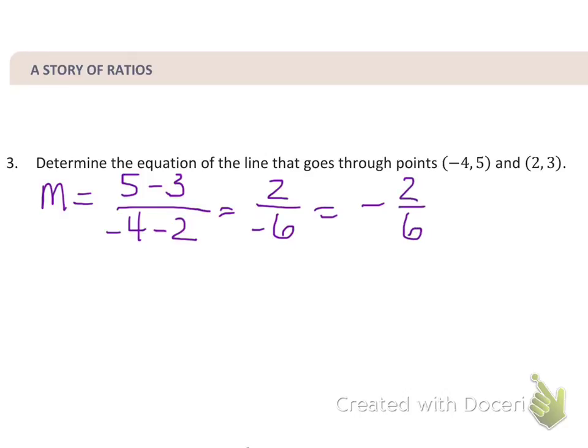You just move that negative sign from the denominator out front. I just like to have it out in front. It really doesn't matter if it's here or here, because the value of the number is the same, but it's much easier to read out here. Okay, we could even simplify this slope to negative 1/3.